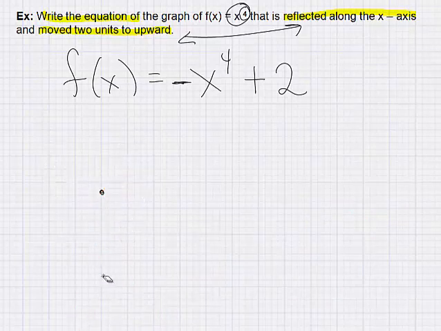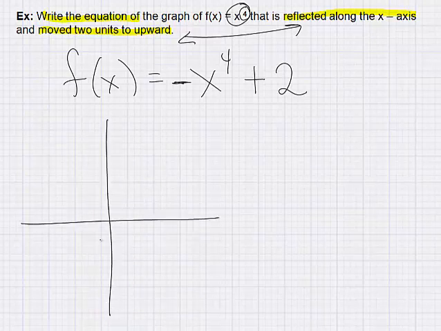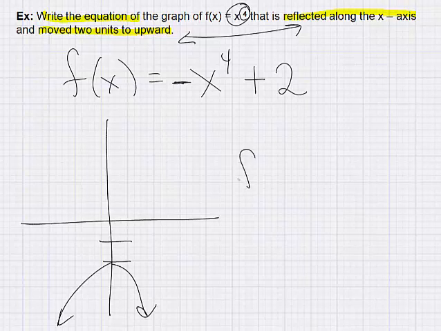So what's going to happen there? Well, if I think about what that was, and let's look at that final picture again. It was 2 units down and it was flipped over. So what's going to happen is it's going to be f of x equals negative x to the fourth minus 2. Because I'm really actually down 2 units.